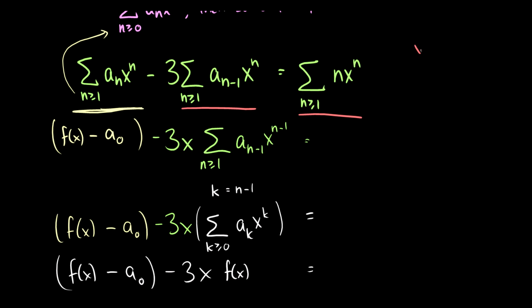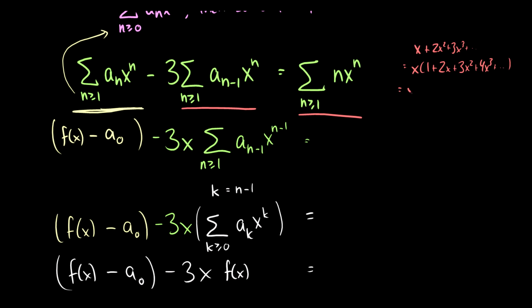So this is x plus 2x squared plus 3x cubed plus dot dot dot. We can factor out an x: x times 1 plus 2x plus 3x squared plus 4x cubed plus dot dot dot.